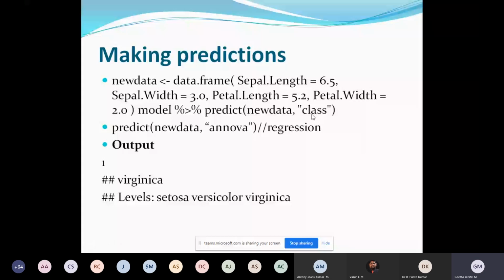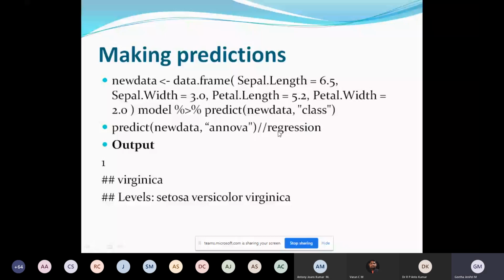Here I am going to perform classification, so I type the second argument as class. The other option is ANOVA. Suppose I am going to predict a numeric value, then instead of class I use ANOVA. This is the difference between classification and regression.